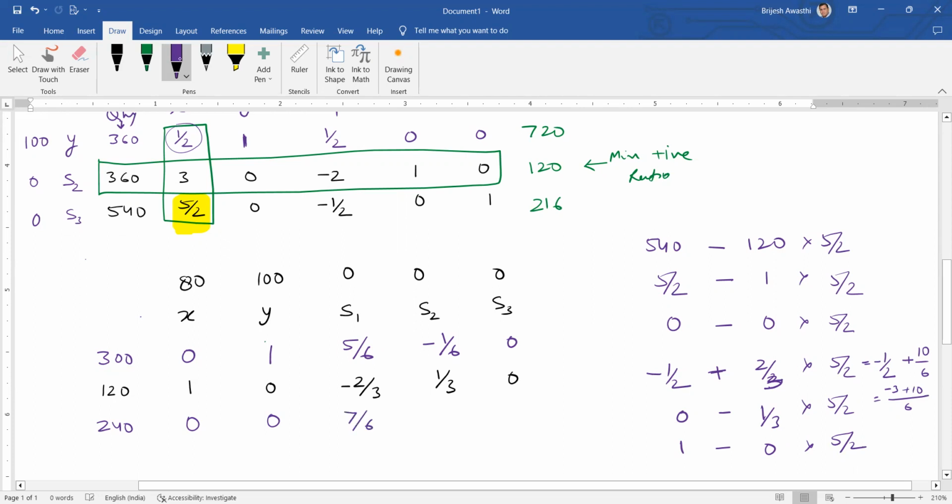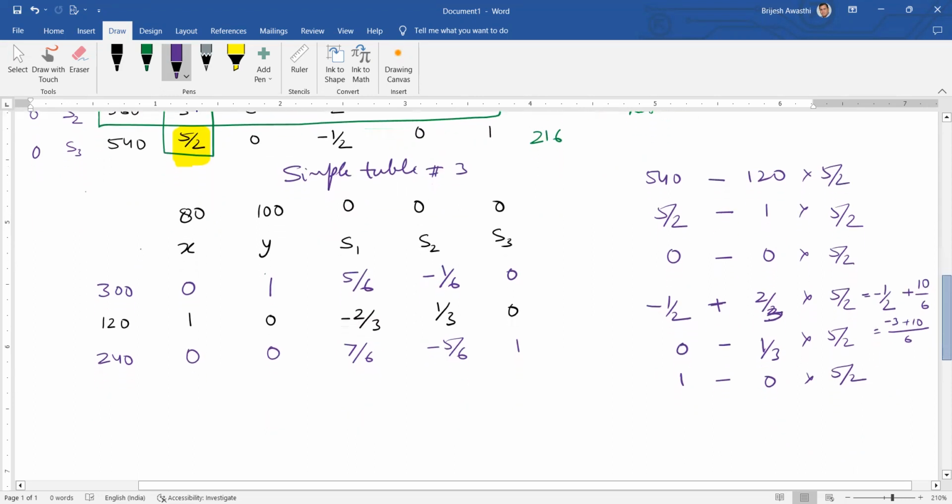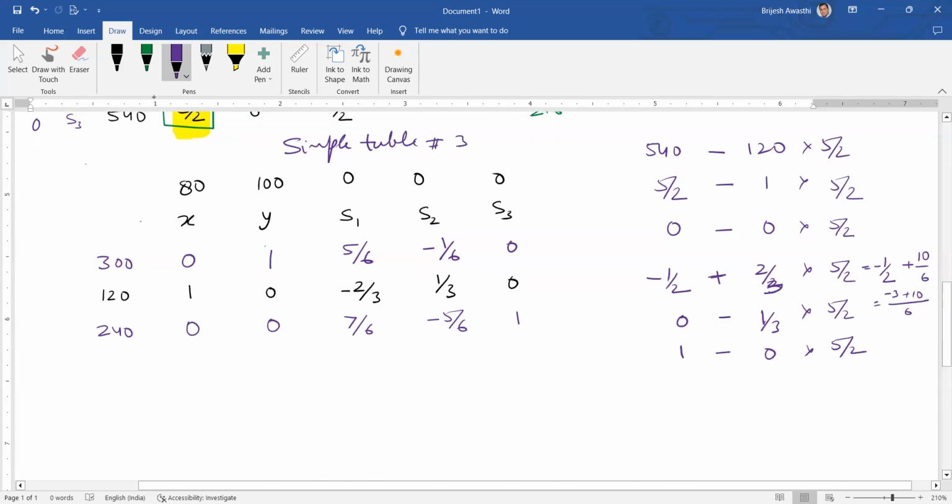And this is what? Minus 5 by 6. It is 1. All right, Ishita? So whatever, simplex table number 3. Now the last value would be minus 1. Okay, right.